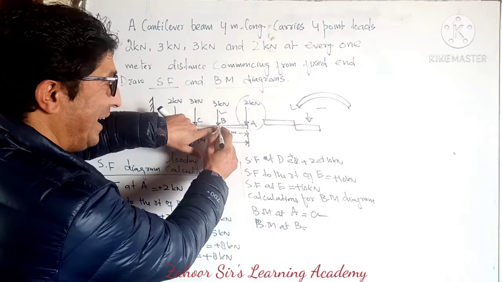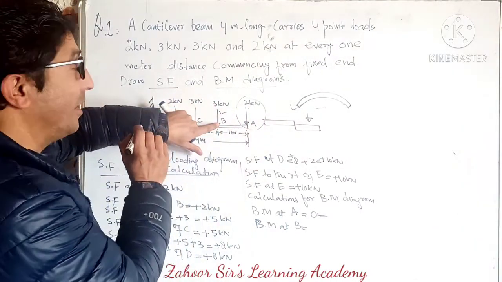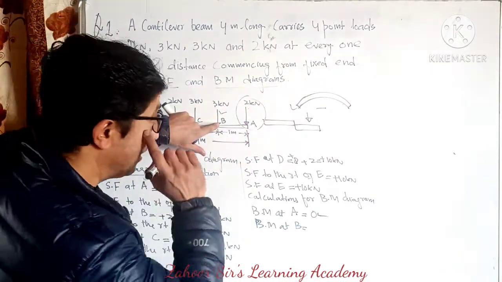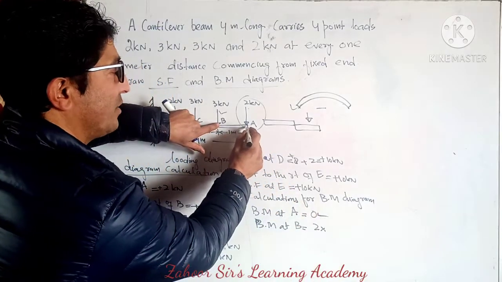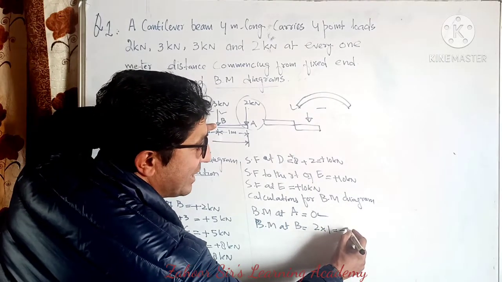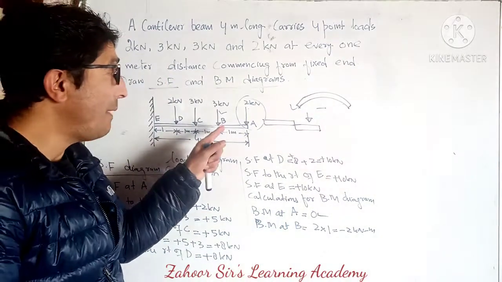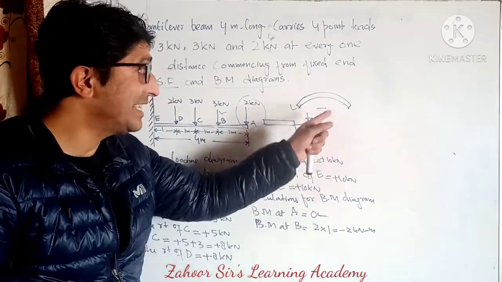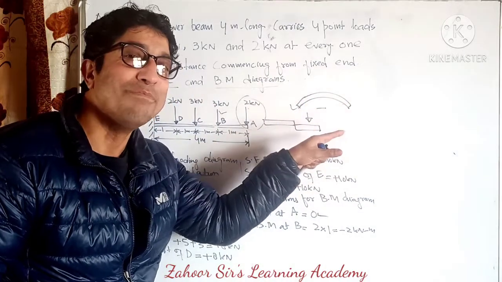Now, who is going to bend point B? The force at A is going to bend point B. The bending moment is the force, which is 2 kilonewton, and the perpendicular distance up to point A, that is 1. So it is minus 2 kilonewton meter. So BM at B is minus. Why is the minus there? Yes, it is because of the hogging. This is going to happen to the beam.